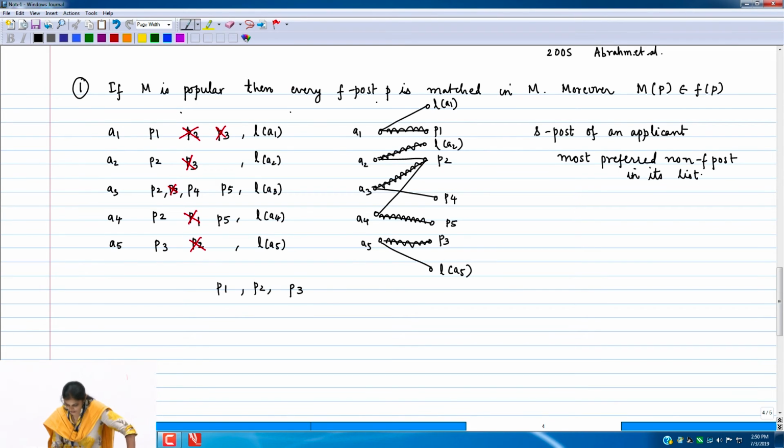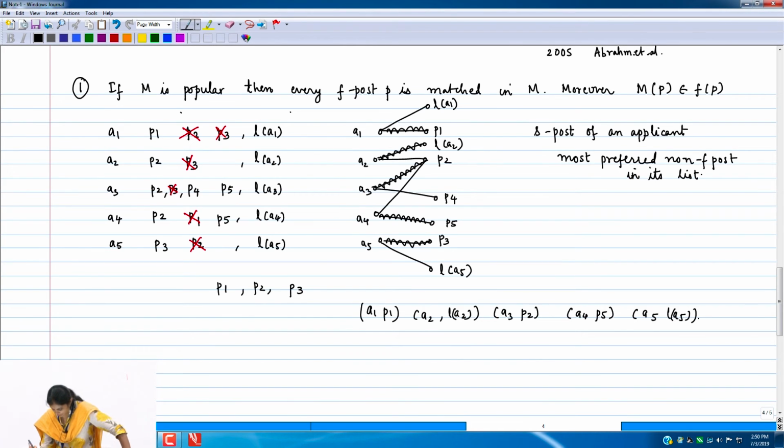So let us write this matching: A1 P1, A2 L of A2, A3 P2, A4 P5 and A5 P3.